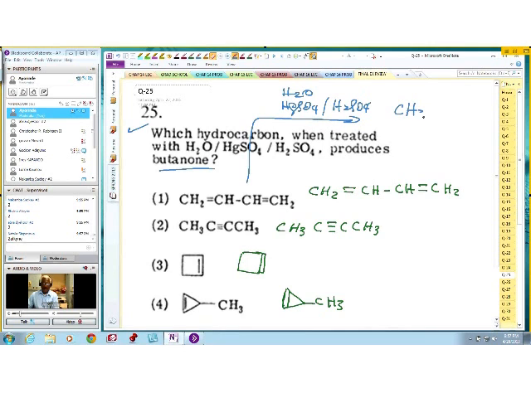In this case, it could be this here, butanol. So which of these compounds here will do that?